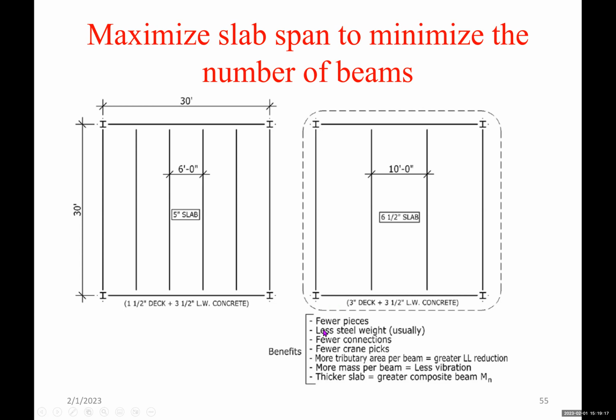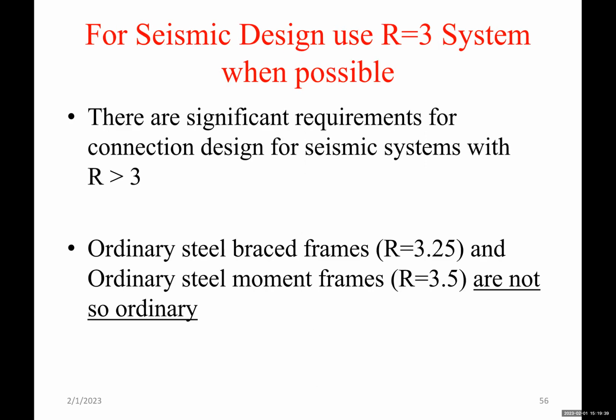So this will result in fewer pieces, less steel weight, fewer connections, fewer crane picks, more tributary area per beam, greater live load reduction, more mass per beam, that's less vibration, and a thicker slab, that's greater composite beam moment, okay?